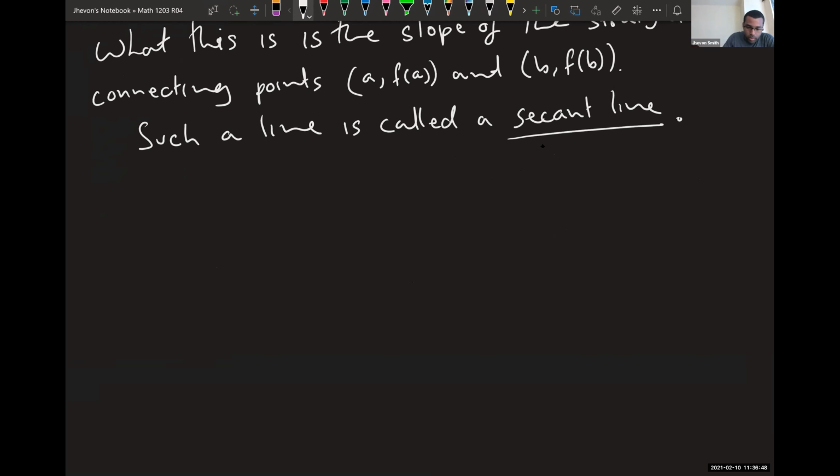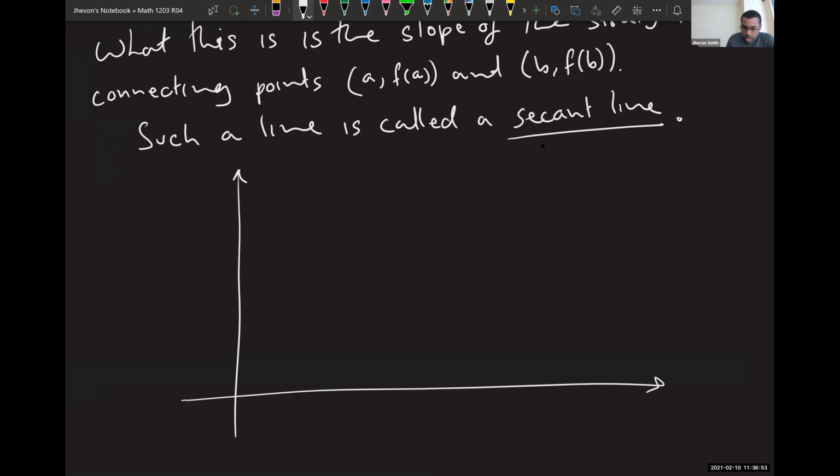So essentially, what you have is here's your x-axis, here's your y-axis, and here is your function doing what? Doing as it do. This is your f of x.